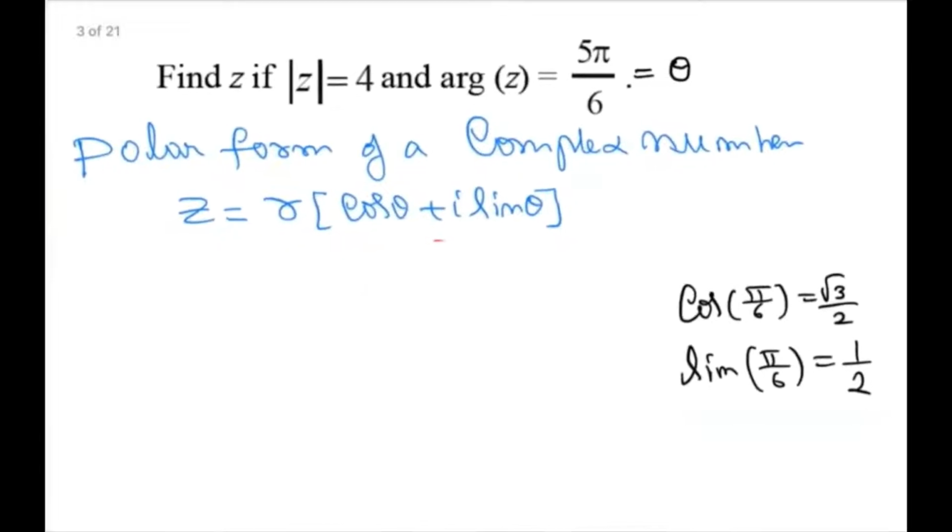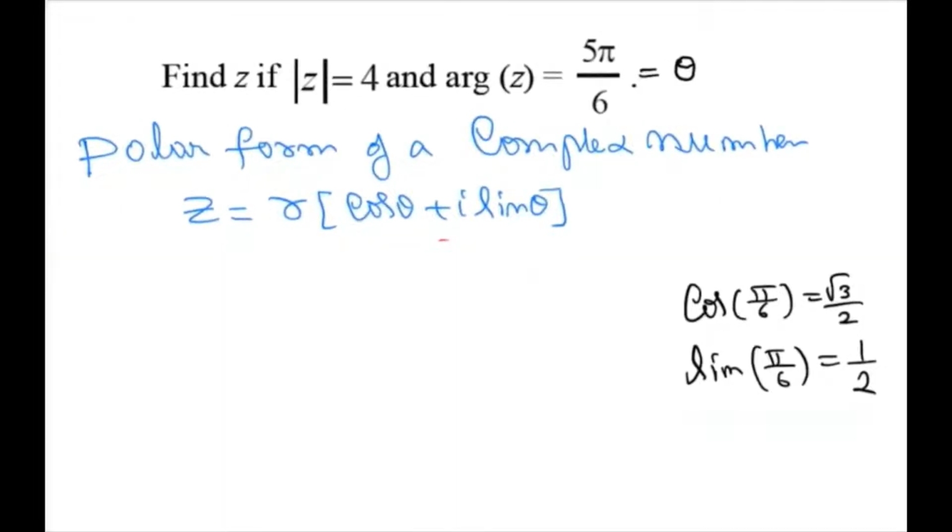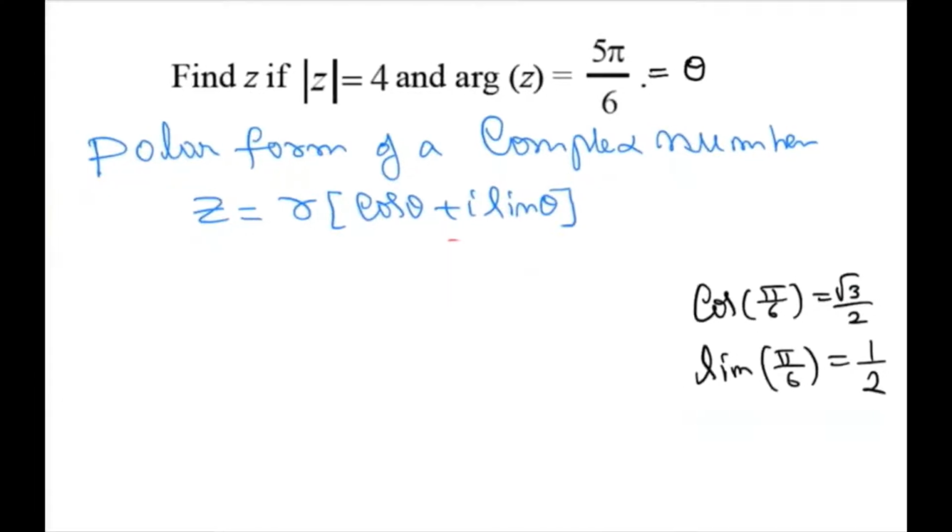In this question, we are asked to find z, given that modulus of z is 4 and its argument is 5 pi by 6. Polar form of a complex number is z equal to r times (cos theta + i sin theta), where r is the modulus of the complex number, that is given to be 4 here. Theta, the argument, is 5 pi by 6.